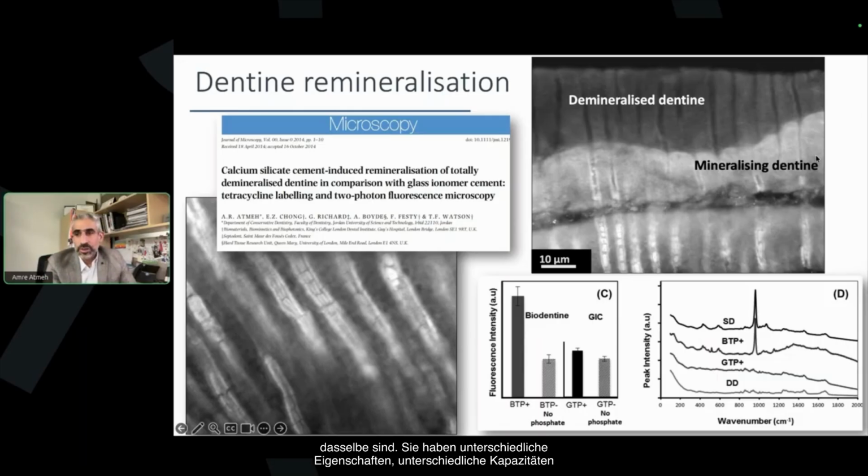So in other words, the calcium silicates and biodentine have a much better and wider capability to induce dentine remineralization, which again is much needed in cases where you are performing selective caries removal, and you count on the material to encourage remineralization and repair of the firm dentine that was left behind.